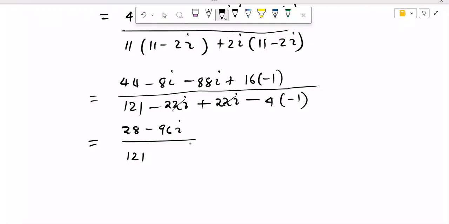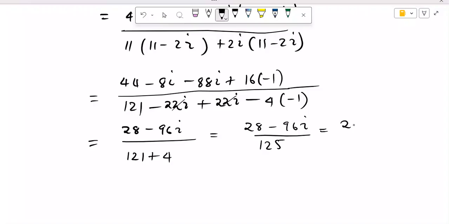Okay, negative by negative, you have plus 4. Okay, so you have 28 minus 96i over 125.